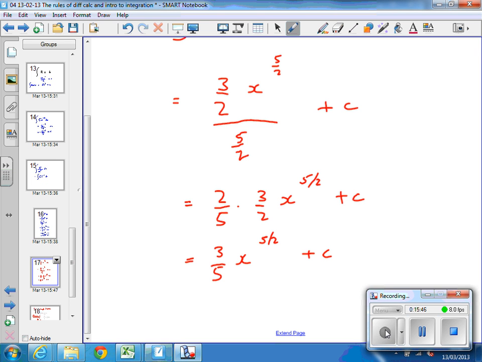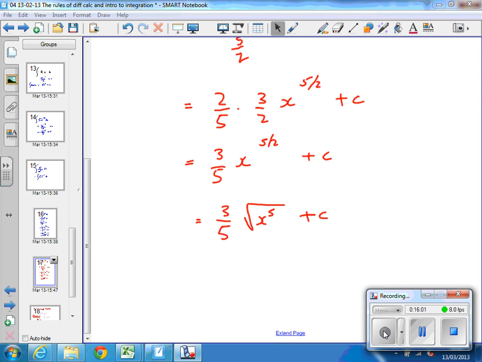And if you're in doubt, you can do it on the calculator. What's 3 over 2 divided by 5 over 2 on the calculator? It will give it to you, but hopefully you'll see how to do it without. Can be written as that. Remember, we don't know what this is. What does this mean? We'll have to talk about that.